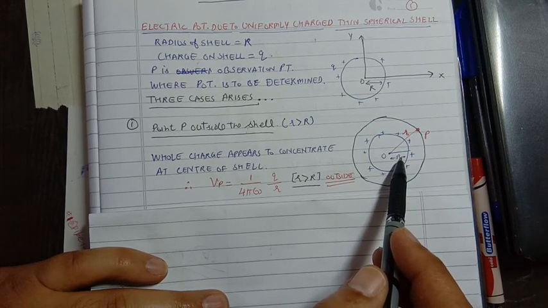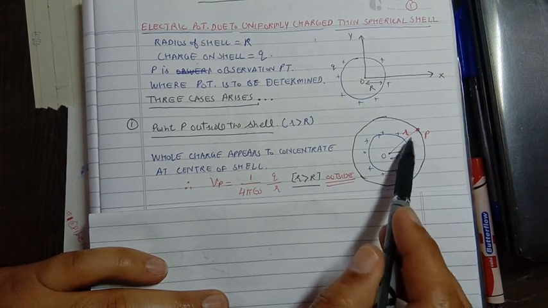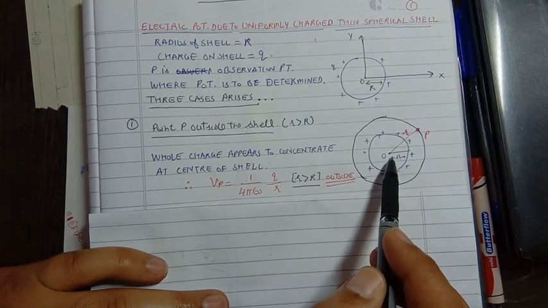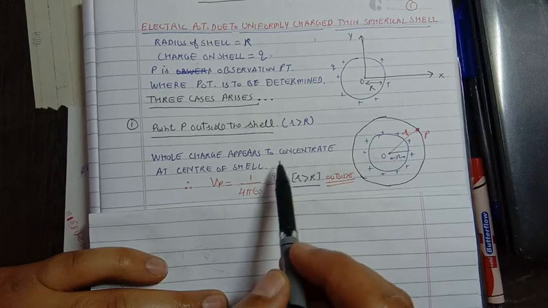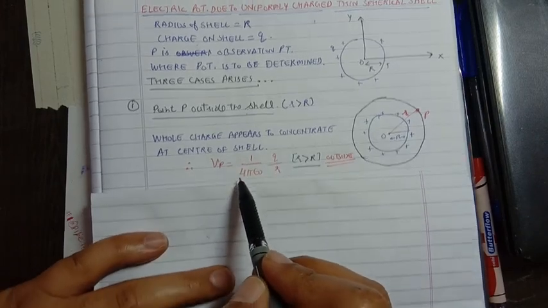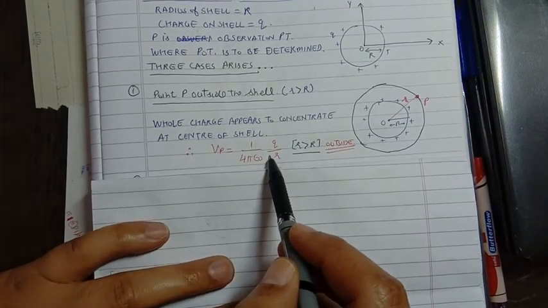That means a sphere of very small size, such that the whole of the charge Q will appear to be concentrated at the center of the shell. So in that case we are using the electric potential expression due to a single point charge.